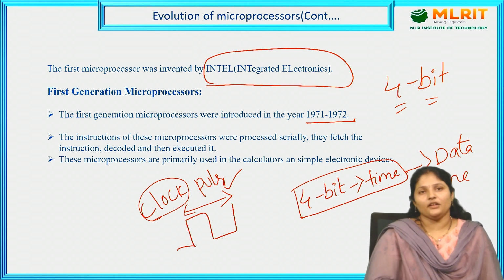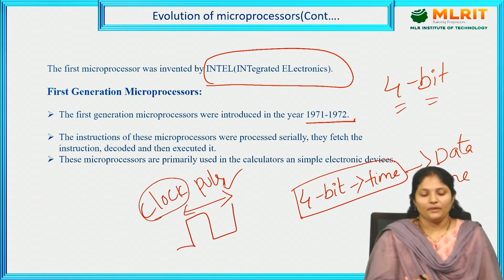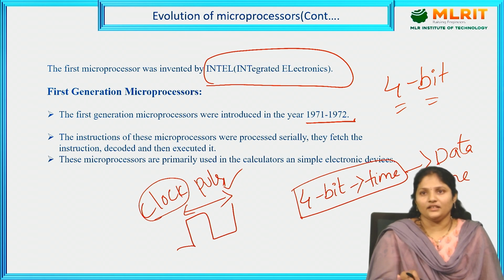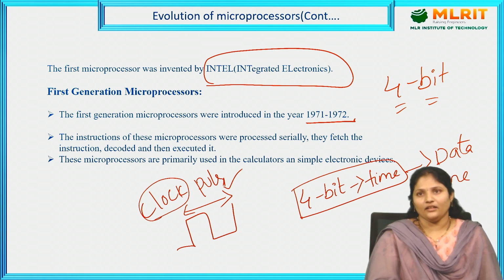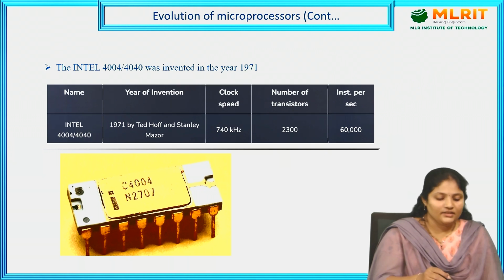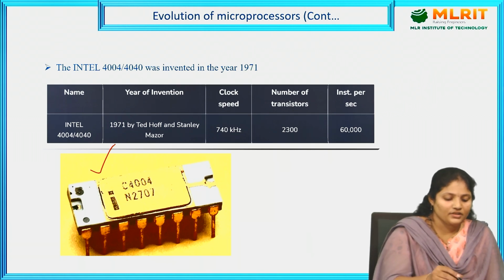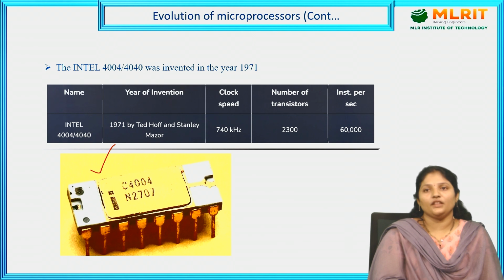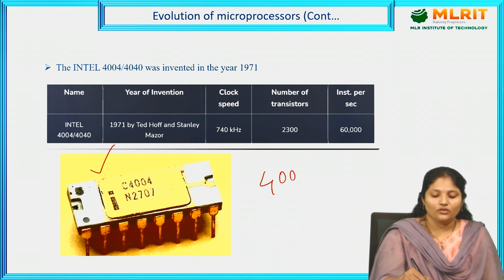These are the primary microprocessors, the first generation microprocessors. Basically, they were used in calculators for simple mathematical calculations. This is the first microprocessor, invented in 1971 by Intel Corporation: the C4004.